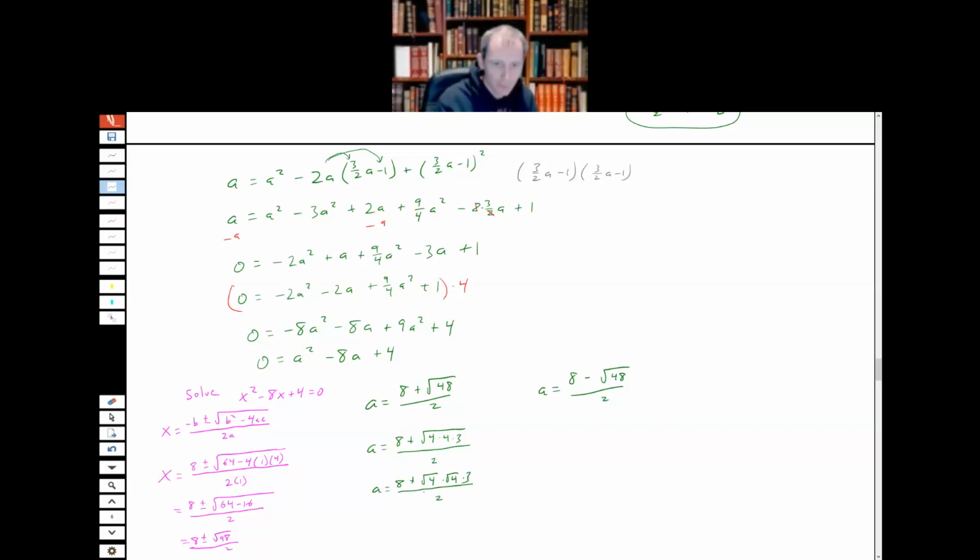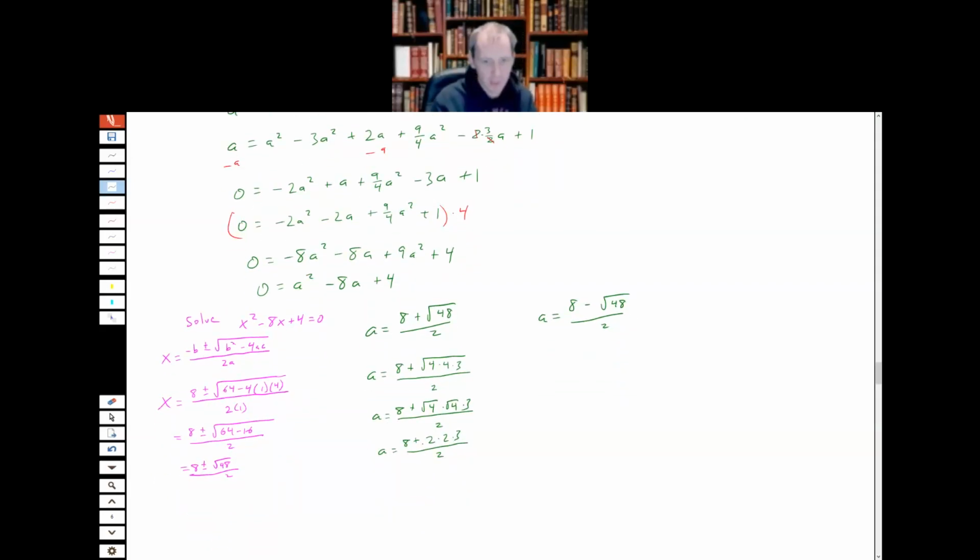And the square root of 4 is just 2. Now I can take a factor of 2 out of the numerator and cancel with the denominator, and I'll just get 4 plus, oops, I lost my root on the 3. 4 plus 2 root 3. And this one is the exact same thing except with a negative. So this would be 4 minus 2 root 3.